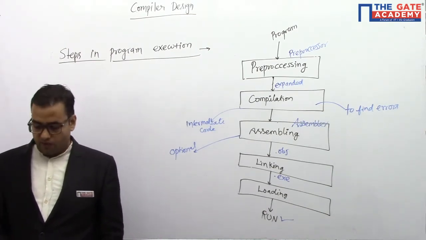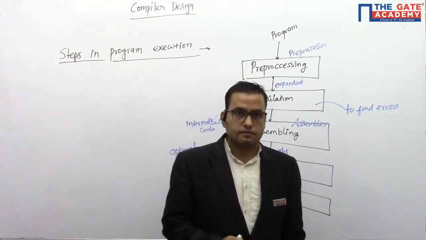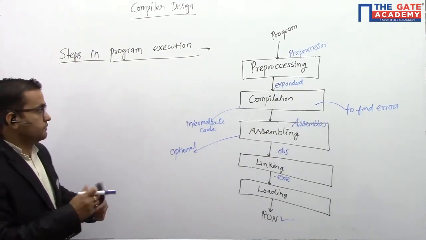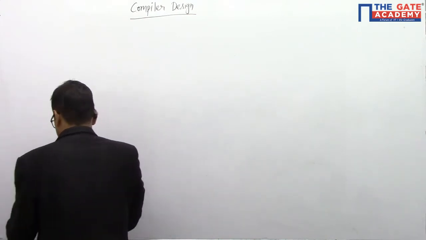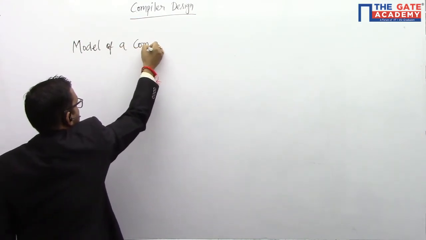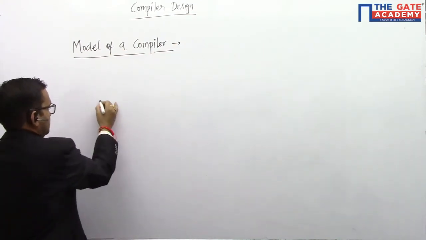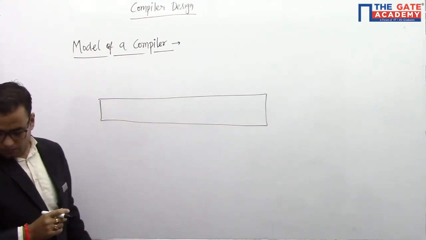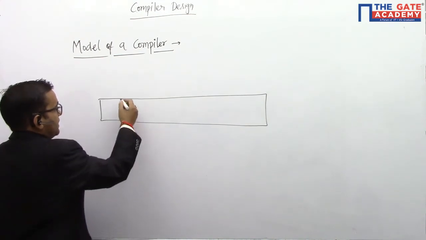Next, you write model of a compiler. So you can write like this is your compiler.